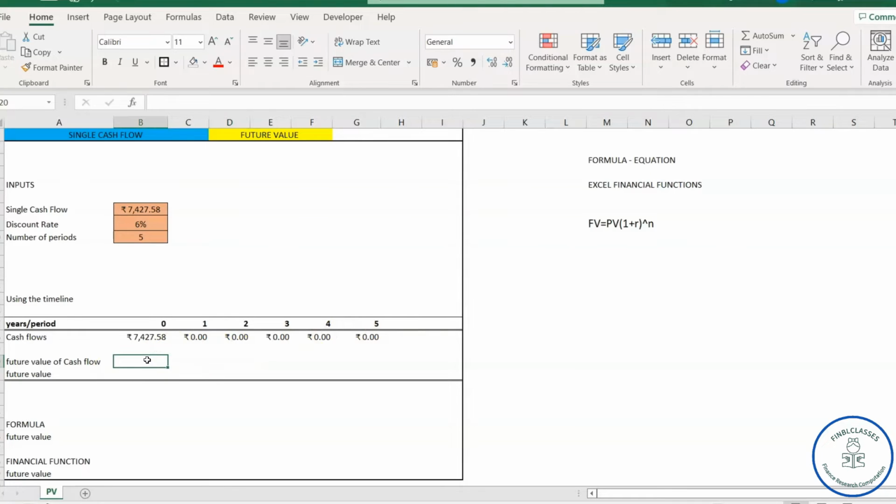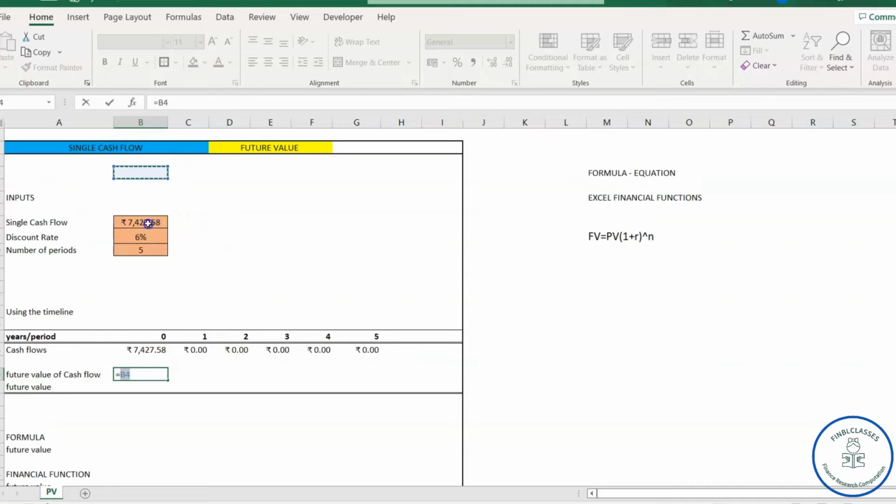Next we will be calculating with the formula. We'll be determining the future value of the given value. So equal to, we select the cell which is your single cash flow, the present value of money, into 1 plus, this is your rate of return.